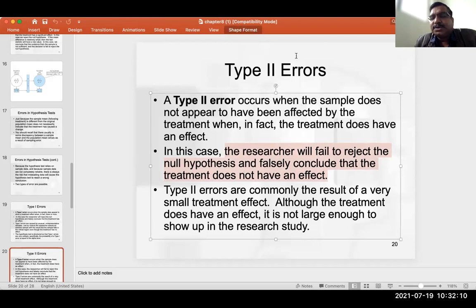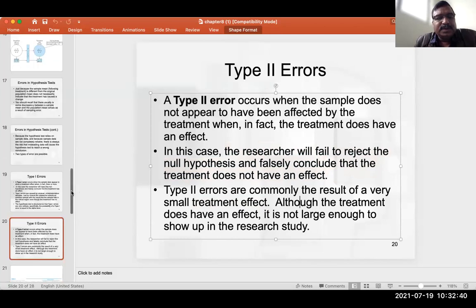That means there is no change, or the null hypothesis is accepted but should have been rejected. And what can be the causes of this? Type 2 errors are generally the result of a very small treatment effect, whatever that may be.